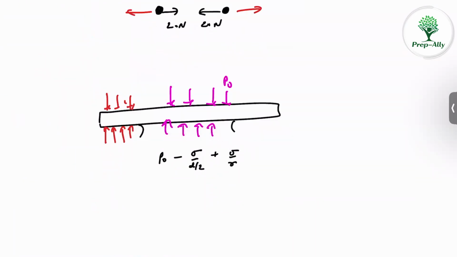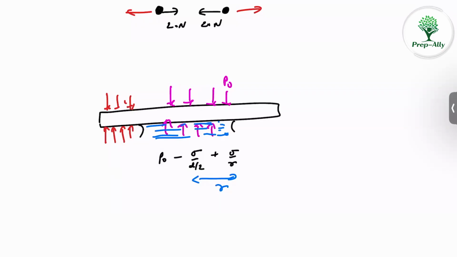So which pressure will be more? The P naught one or the P naught minus sigma by d by 2 plus sigma by R? P naught will be more, sir. Correct. And by the way, this area in which this liquid is present depends on the R. Yes, sir.